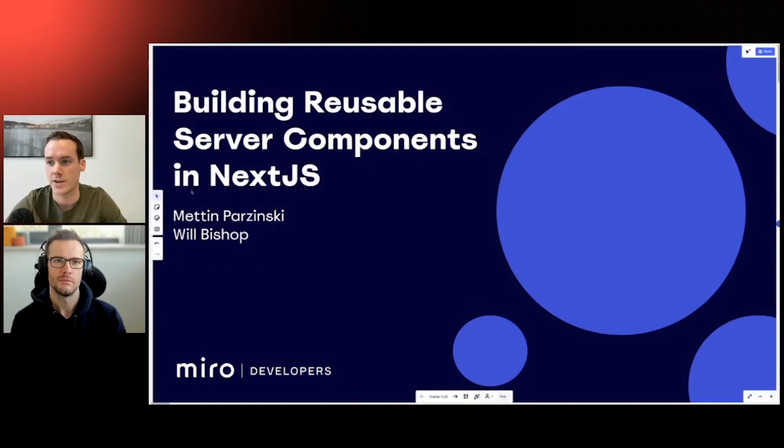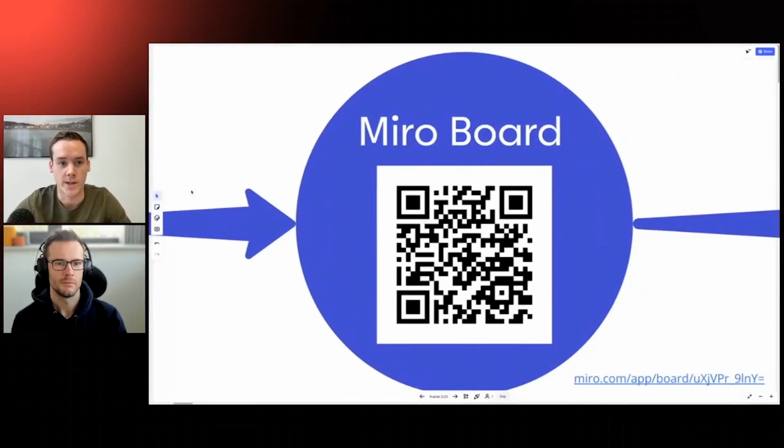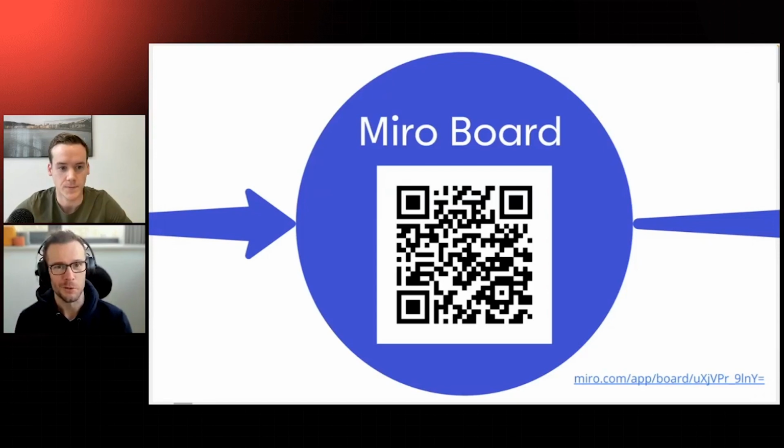And to get us started, let's quickly share a Miro board that we'll be using for today's workshop. So you can follow the link on the board to access this, or you can scan the QR code. And we'll give everyone just a moment to get started with this. Yeah, you'll need to join so you can copy paste some code instead of typing everything manually. So that's going to save you some time.